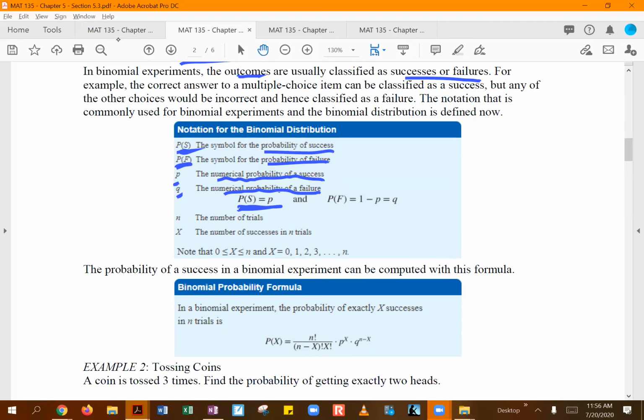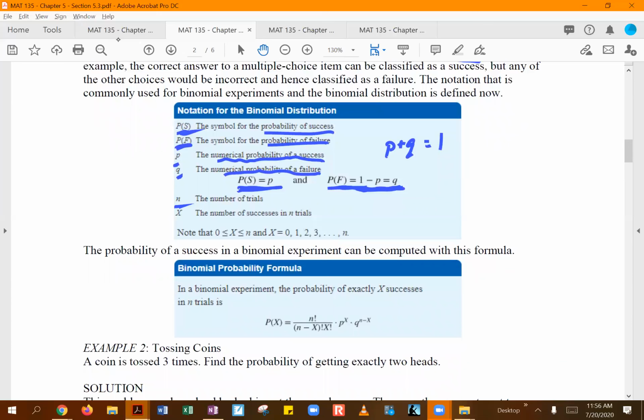The easiest way to calculate Q is to do 1 minus P. So again, you're using that idea of complementary events here, because we know together the probability of success and failure is going to add up to 100% or basically 1. So together P and Q, your probability of success and failure, add up to 1. So to calculate the probability of failure, you can basically do 1 minus P.